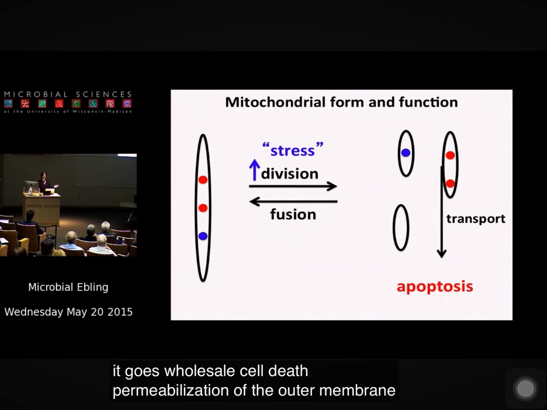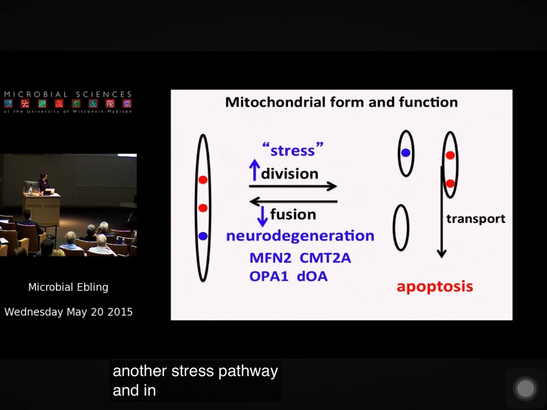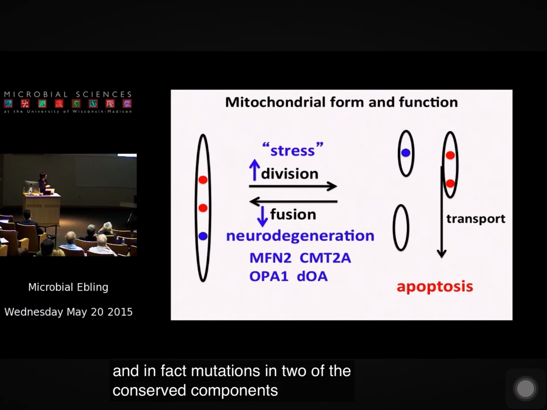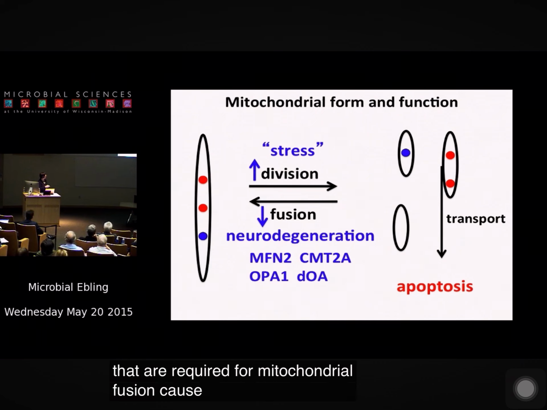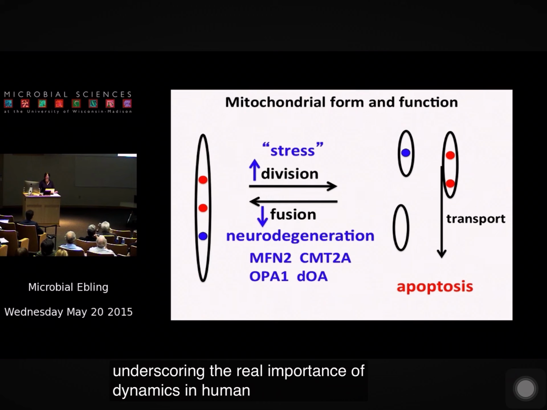Permeabilization of the outer membrane, release of cytochrome c, cell death is linked to an increased level of mitochondrial division. Again, another stress pathway. And in fact, mutations in two of the conserved components in humans that are required for mitochondrial fusion cause two distinct types of neurodegenerative diseases. So underscoring the real importance of dynamics in human health.